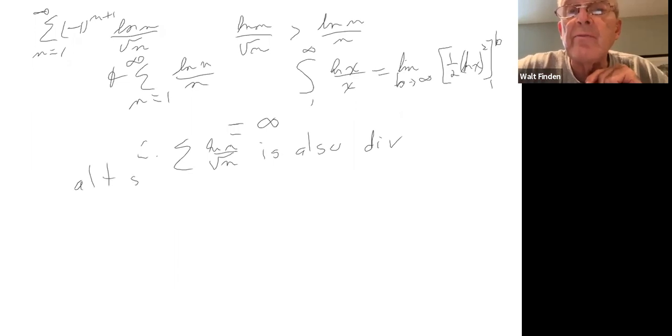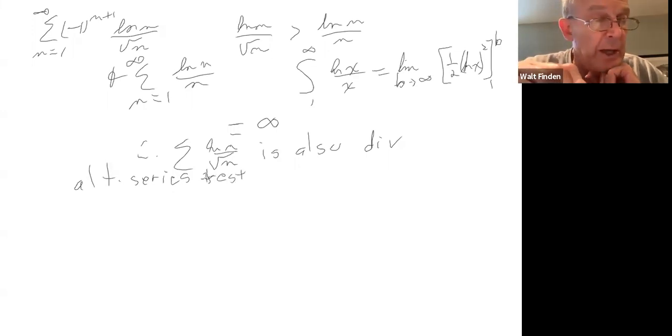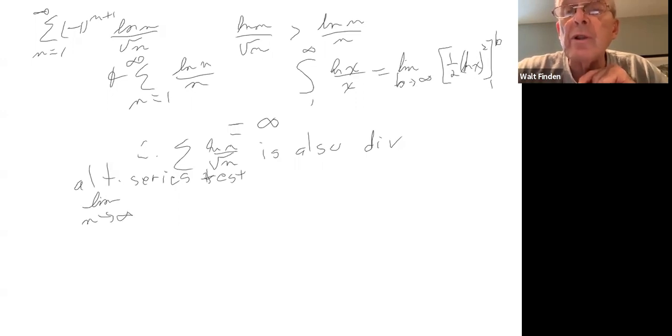using the alternating series test, just to refresh your memory about that, we have the limit as n goes to infinity of natural log of n over n to the 1/2.